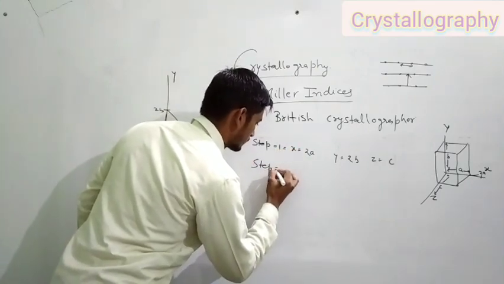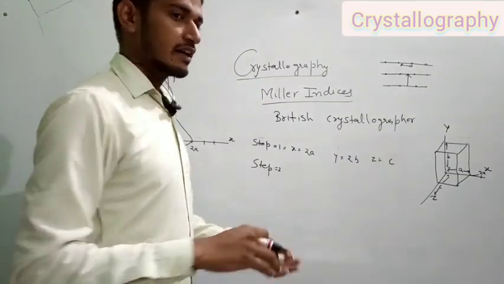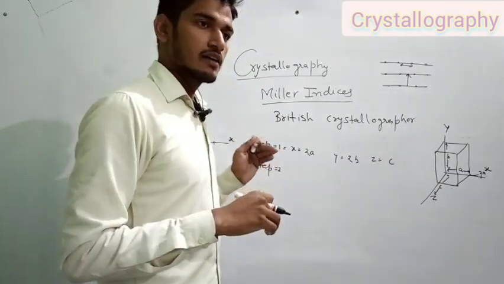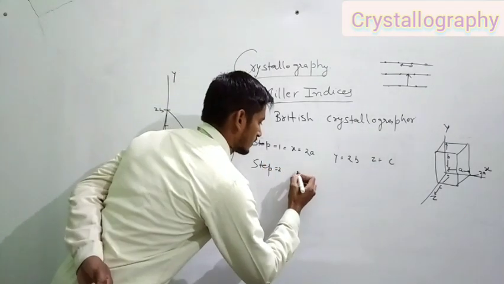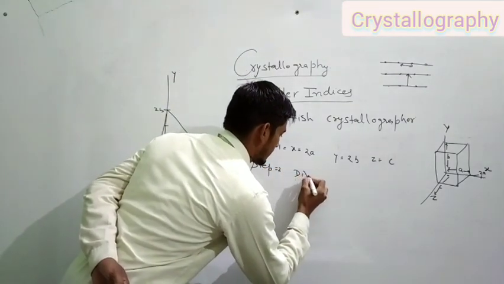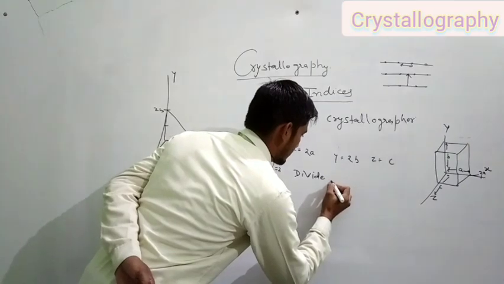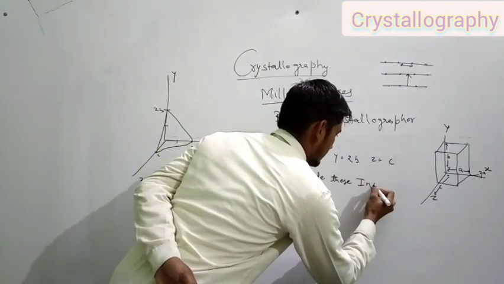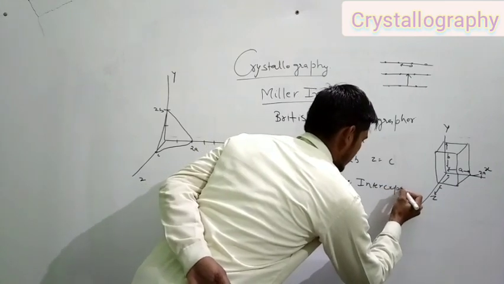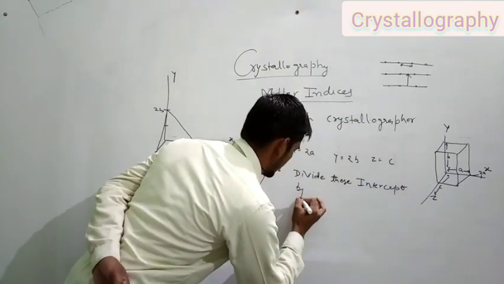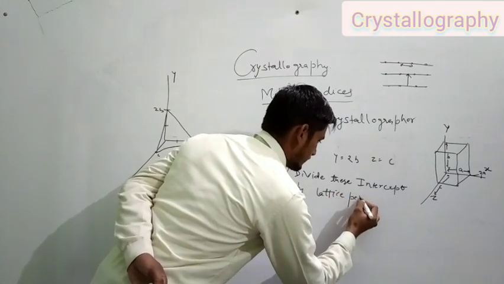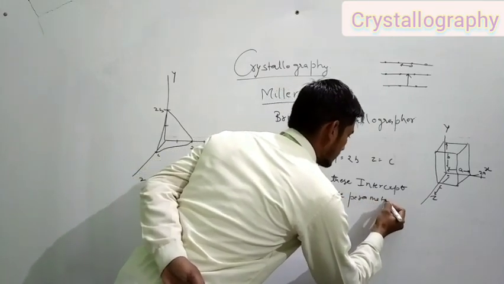Now step 2: divide these intercepts by the lattice parameters.